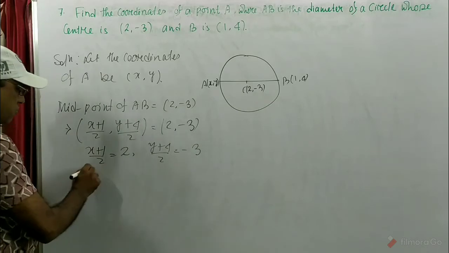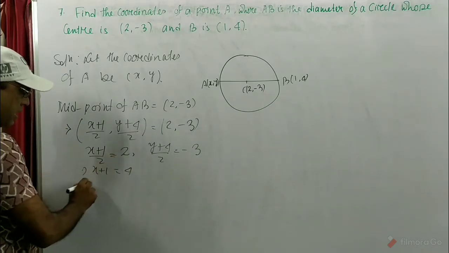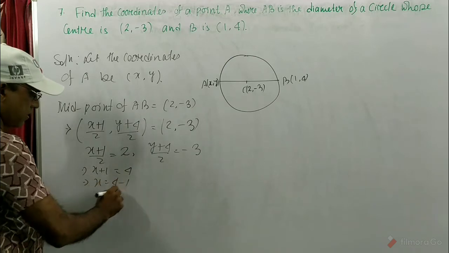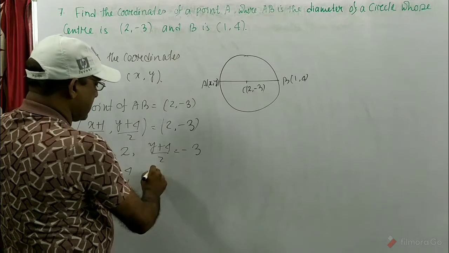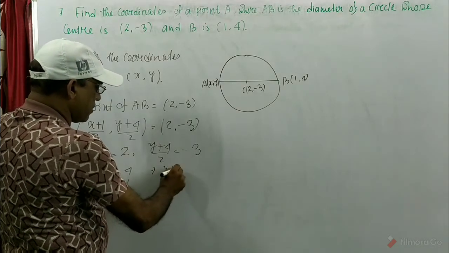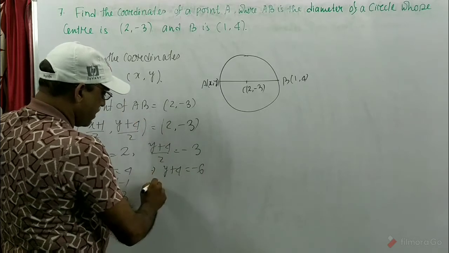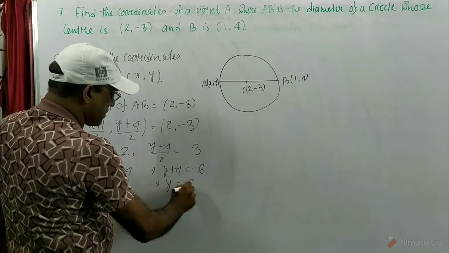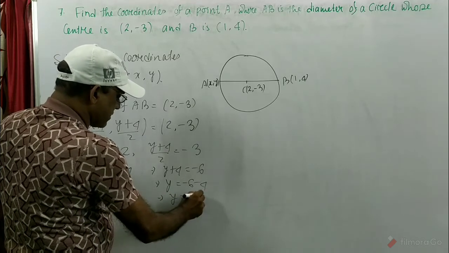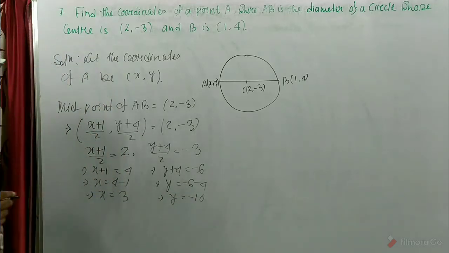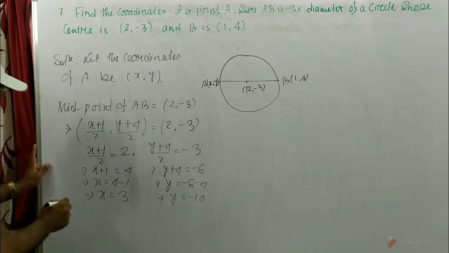So x+1 = 4, multiplying by 2, and x = 4 - 1, so x = 3. And y+4 = -6, 2 into -3 is -6, and y = -6 - 4, so y = -10. We get y is -10, x is 3.